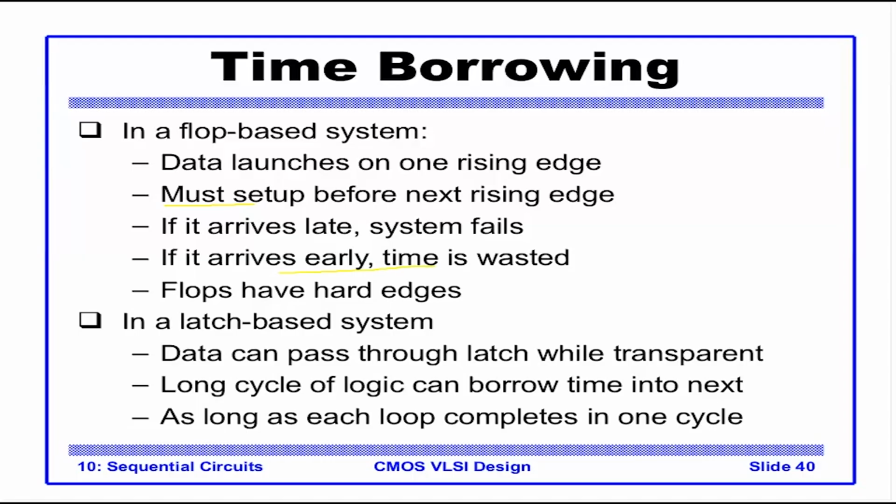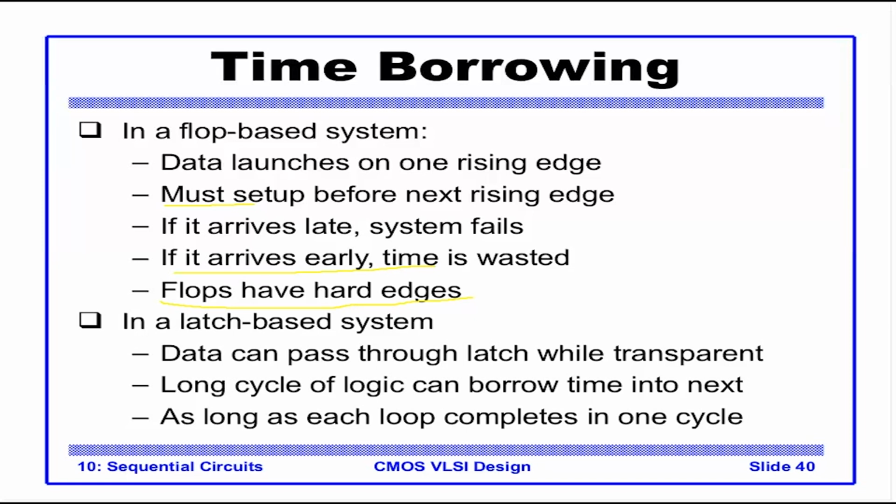Flops have hard edges. This is a very important thing. You will notice in the earlier design that since the flop works on edges, nothing happens between the edges on the flop. Compared to this, in a latch based system, data can pass through a latch when transparent.